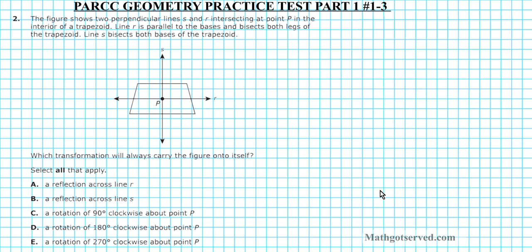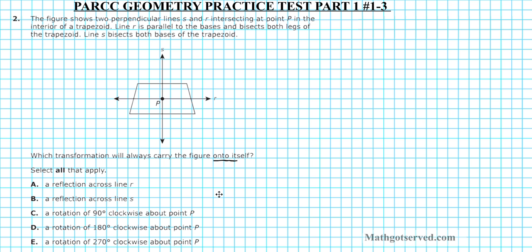All right, so what does it mean for a transformation to carry a figure onto itself? If a transformation carries a figure onto itself, that means after the transformation, you end up with exactly the same image, an identical copy of what you started with. Now, one shortcut for transformations carrying a figure onto itself is a line of symmetry.